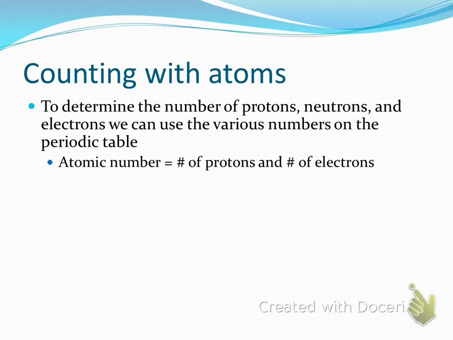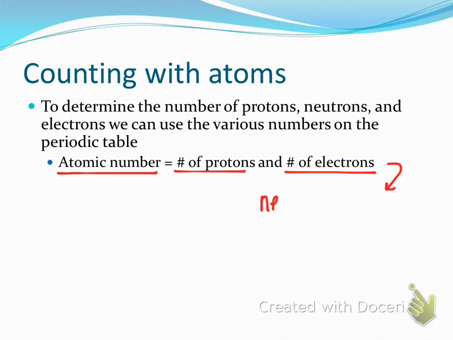So we're going to be able to calculate how many electrons, how many protons, and how many neutrons are in every element based just on a couple things in the periodic table. The atomic number tells us the number of protons and number of electrons, but what's the catch on this one? Number of electrons when? Good.